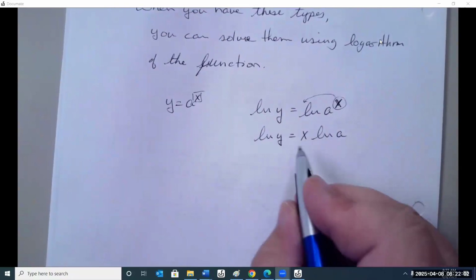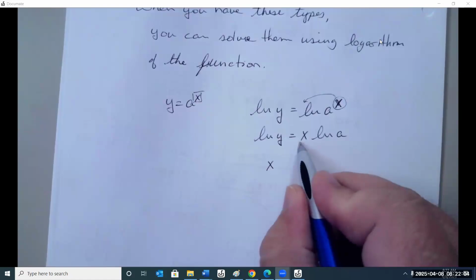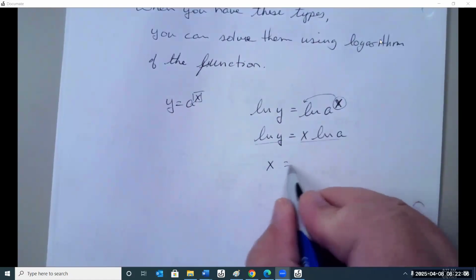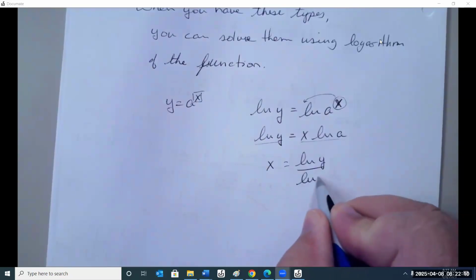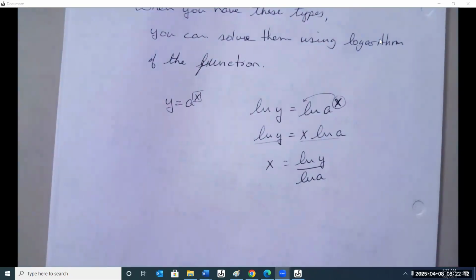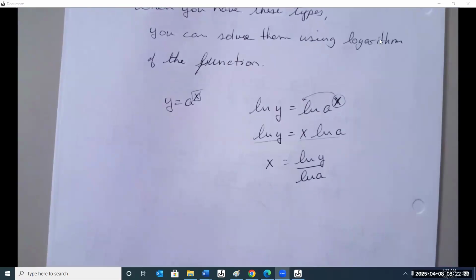So to solve for x, we divide both sides by ln a. And that's how we solve for the x, which is an exponent in a function. So that's what we would use here.